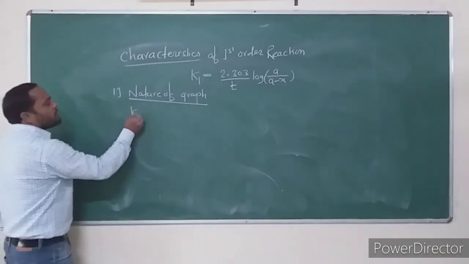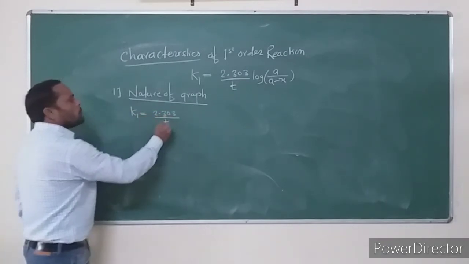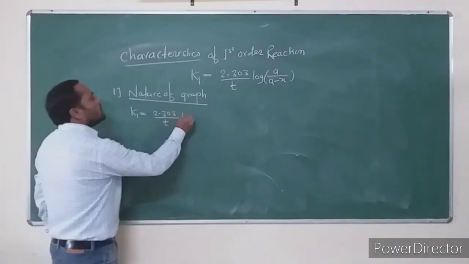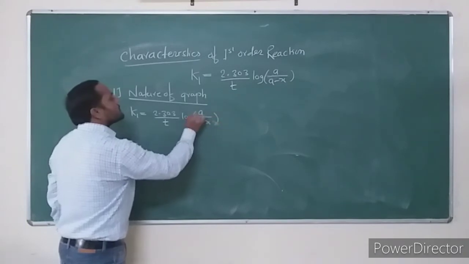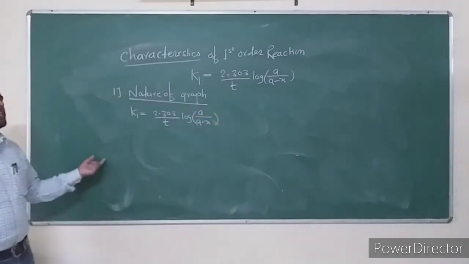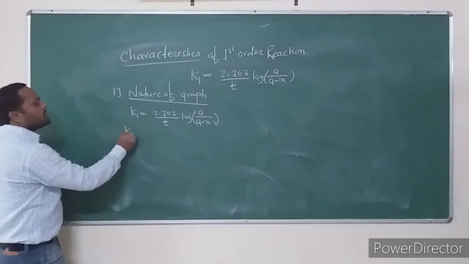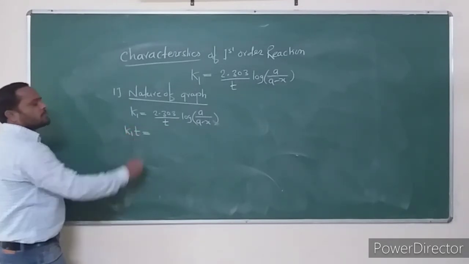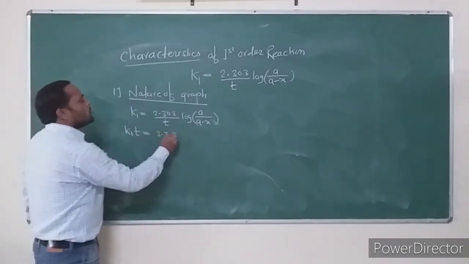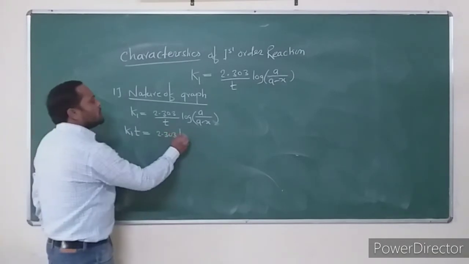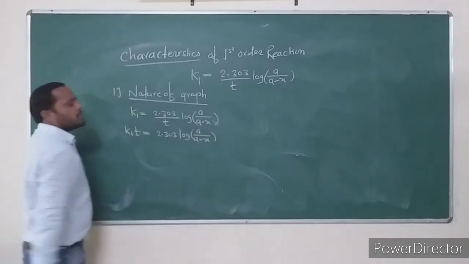Consider the rate constant equation for the first order reaction: k1 is equal to 2.303 log a upon a minus x, divided by t. This is the rate constant equation. Then we rearrange this equation: k1t is equal to 2.303 log a upon a minus x.